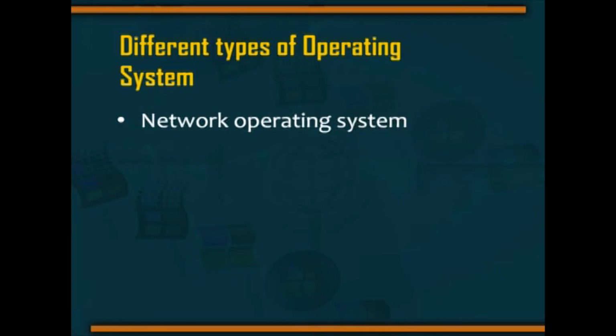The next type is network operating system. A network operating system runs on a server and provides the server the capability to manage data, users, groups, security, applications and other networking functions. In a network operating system, the users are aware that there are several computers connected to each other via a network.